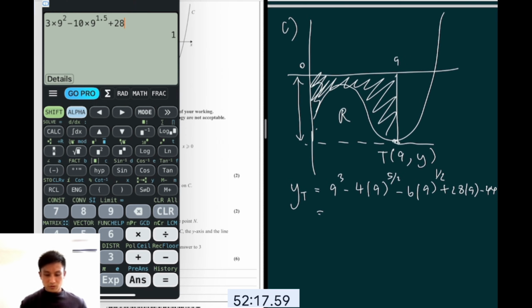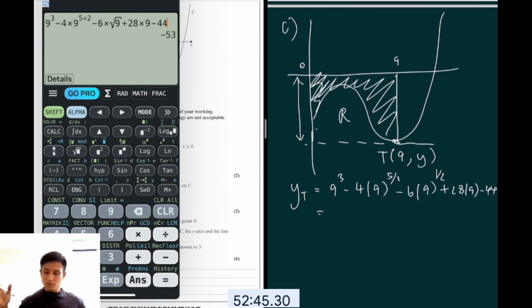Got to be careful, so we're going to use a calculator. So 9 cubed minus 4 times 9 to the power of 5 over 2. Checking. Minus 9 times 6. Oh, that's 9 to the power of a half, square root of 9 basically, which is 3. Plus 28 times 9 minus 44.